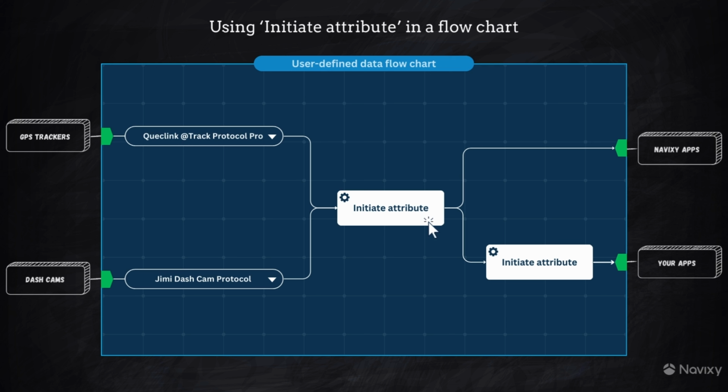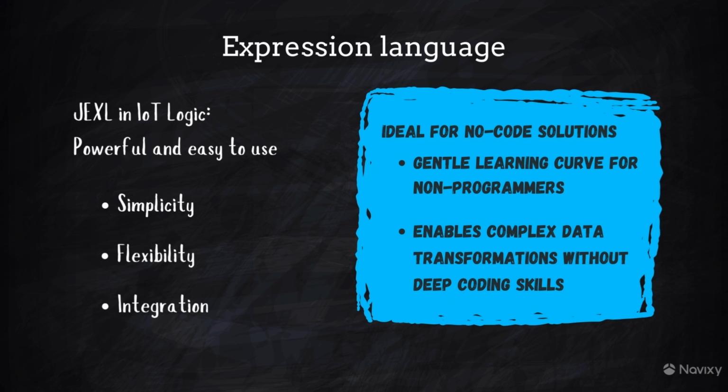Another component of IoT logic's success we mentioned is the expression language. IoT logic expression language is based on JEXL, Java Expression Language, a powerful tool that's particularly useful for non-professionals looking to implement low-code solutions. JEXL offers several benefits. Simplicity. It uses straightforward syntax that's easy to learn and read. Flexibility.